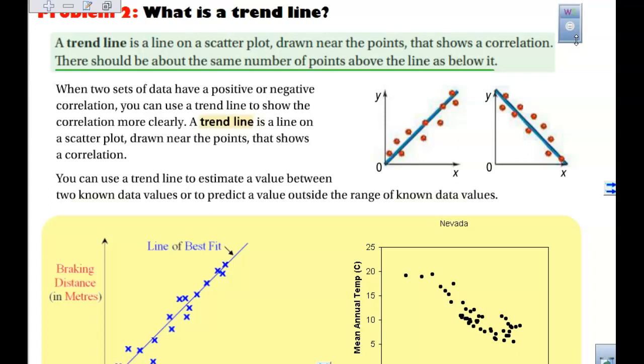When the two sets of data have a positive or negative correlation, you can use a trend line to show the correlation. You might have seen this in state testing or on MAP testing where they have the points and ask you to come up with a line. Then we're going to use our lines to help us predict. You can use a trend line to estimate the values below by looking at the data.